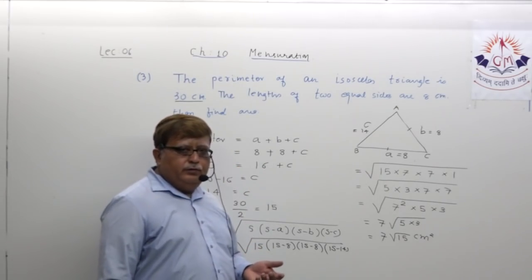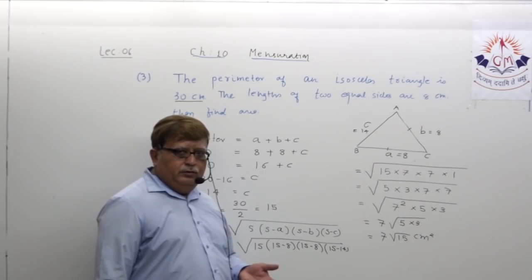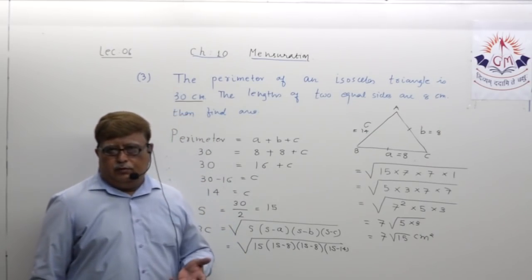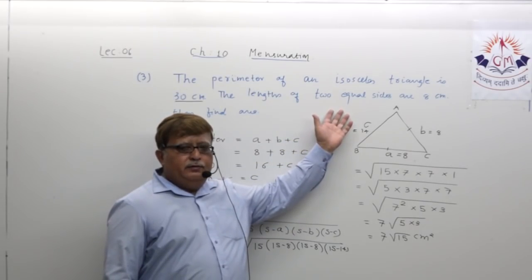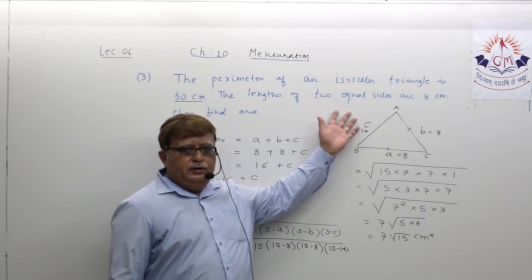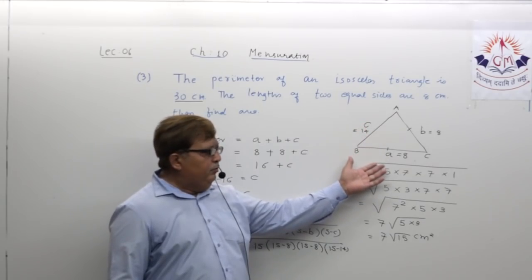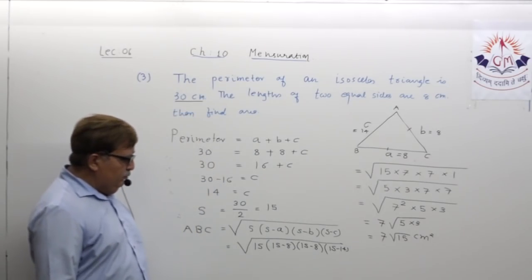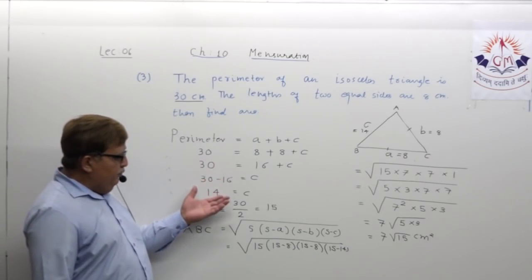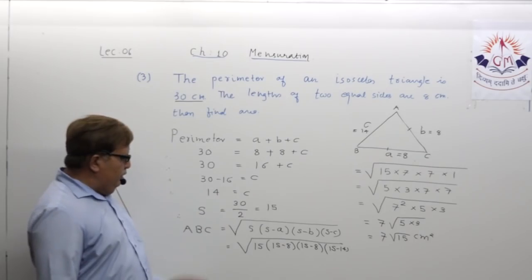In an isosceles triangle, you all know that two sides are equal or congruent, and the congruent sides measure has been given as 8 centimeters. So we took A as 8, B as 8, and we found out C. And after finding C, you know the story.